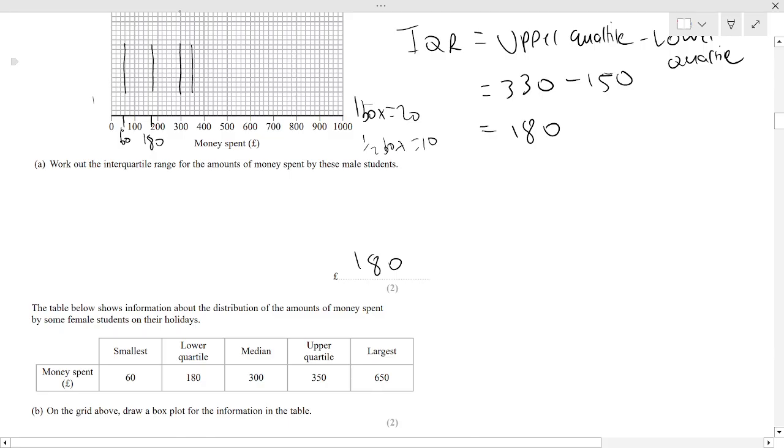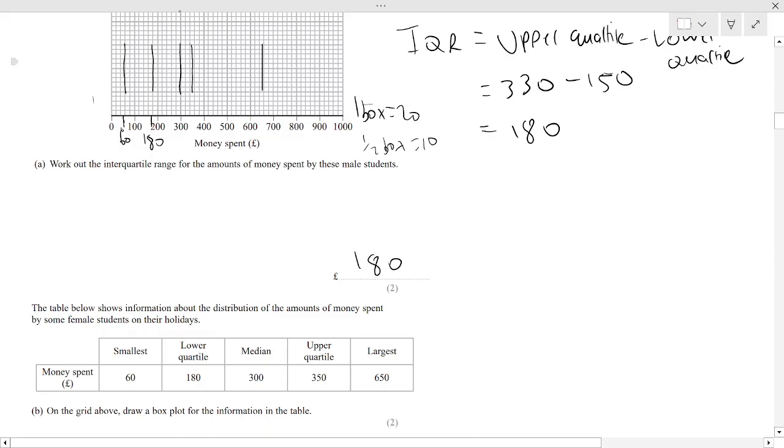Again, it's going to be here. Yeah, thereabouts.